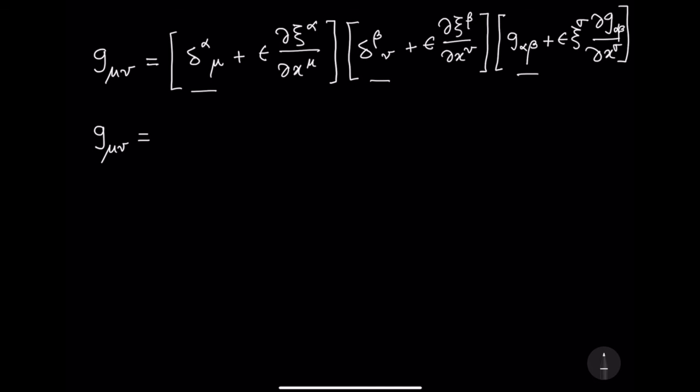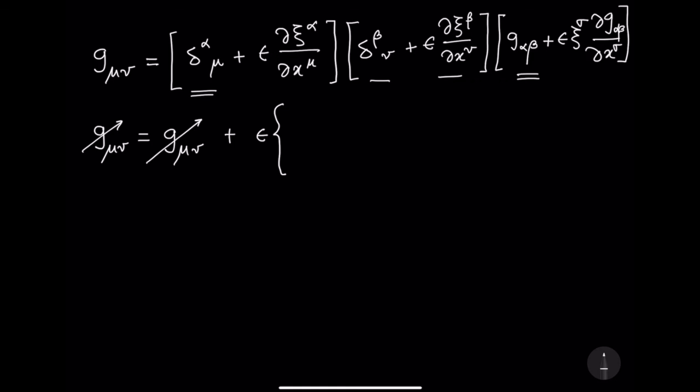So this g alpha beta will become g mu nu, which will eventually cancel with the g mu nu in the left hand side. Very nice. Plus, I take delta from here and this epsilon term from here and then this term, which is order 1 in epsilon. So I will collect all the order 1 terms in epsilon only.